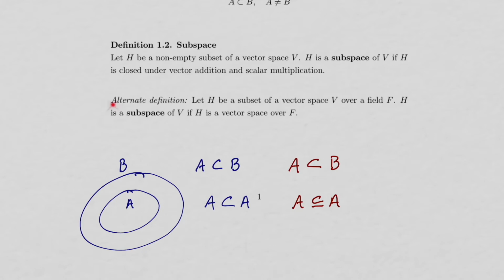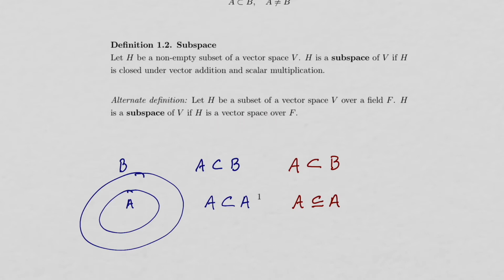An alternate definition for a subspace that is logically equivalent, in other words, given this definition, we could prove that this one is true. Likewise, if we started with this definition, we could prove that this one is true. So the alternate definition says let H be a subset of a vector space V over a field F, then H is a subspace of V if H is a vector space over F. This one is a little less obvious what that means or how you check that.